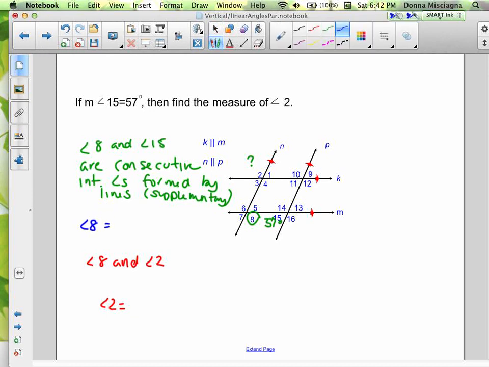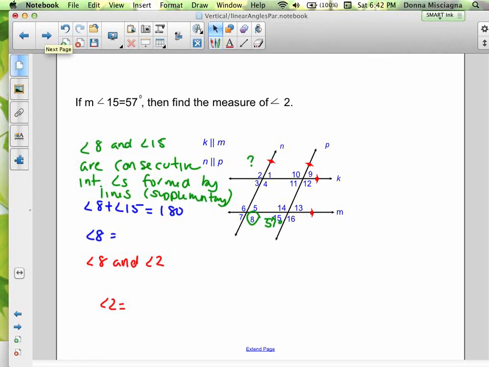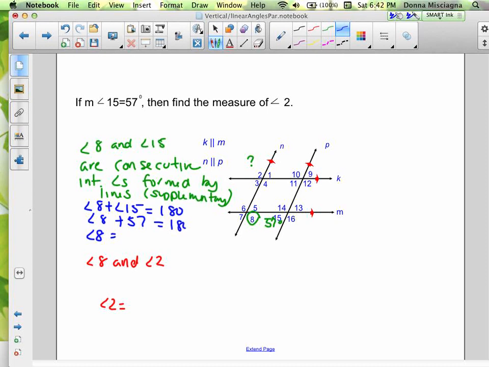That means angle 8 plus angle 15 add up to 180 degrees. We know that angle 15 is 57 degrees. If we subtract 57 from both sides, angle 8 is going to be equal to 123 degrees.